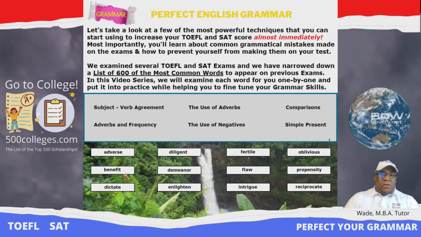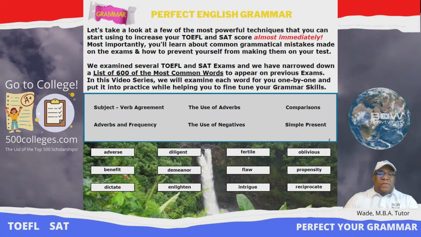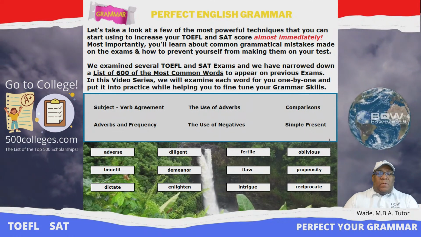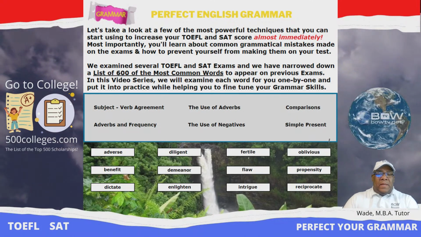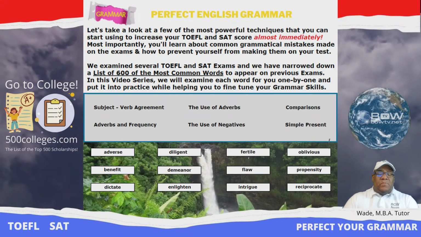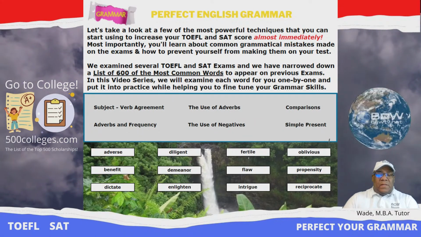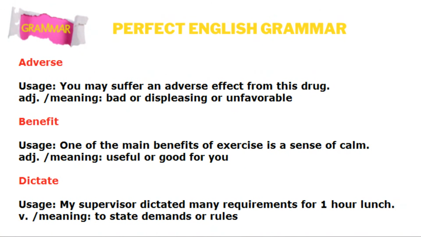We should take a closer look at 12 of the more common words that appear on previous exams. Going through previous exams for TOEFL and SAT, we're going to highlight 12 of these common words and what they mean. We'll take a look at their synonyms as well as adjective, noun, and so forth. If we take a look at adverse, the usage may sound something like this: you may suffer an adverse effect from this drug.